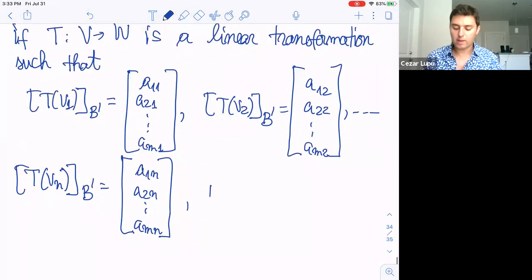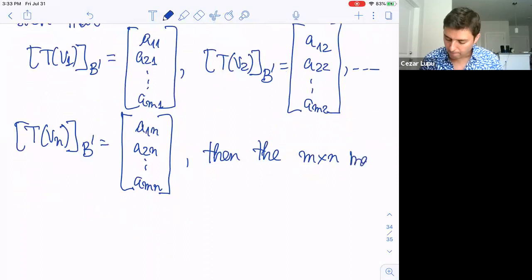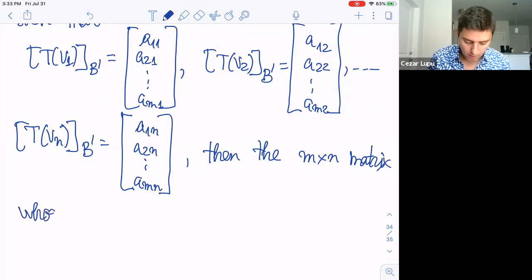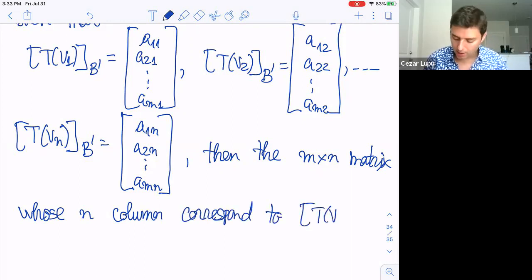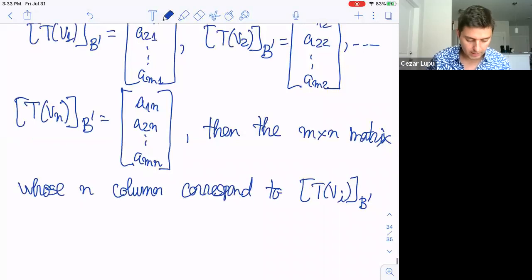Then guess what? Then the m by n matrix whose n columns correspond to T of Vi relative to B prime is given by the following.